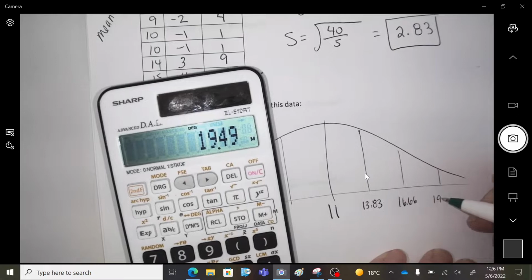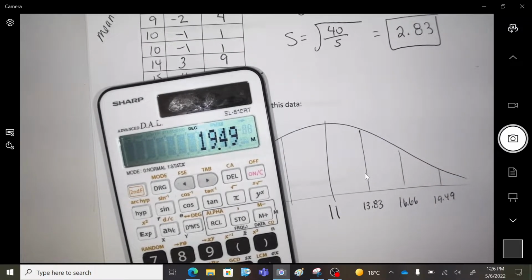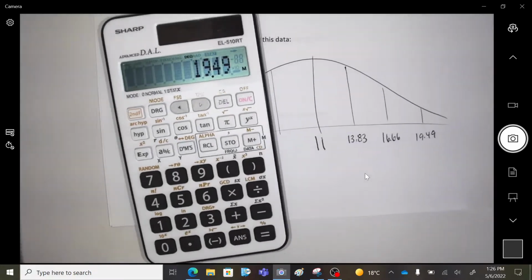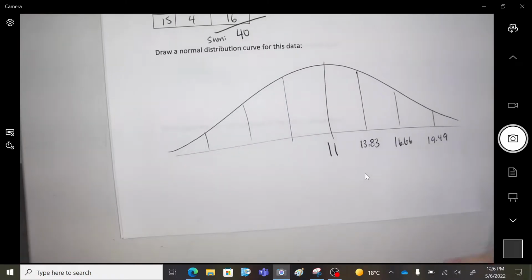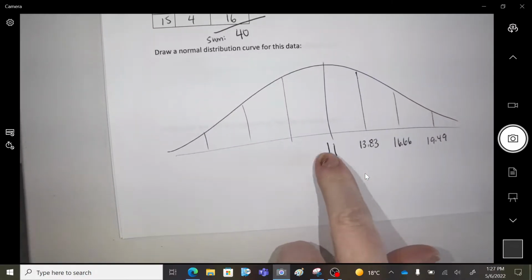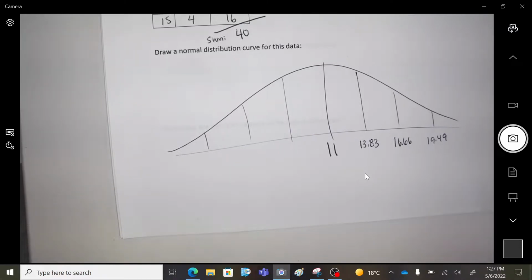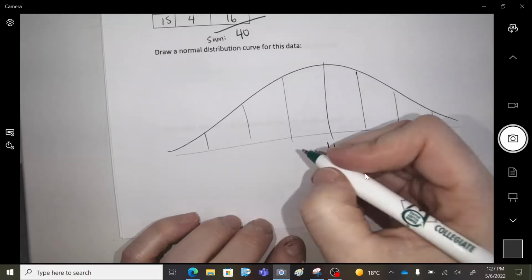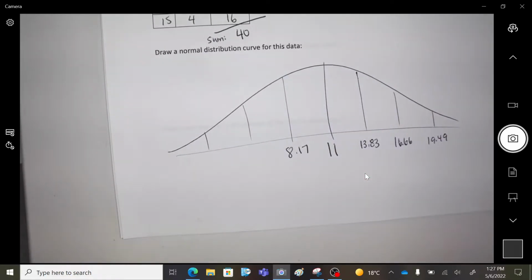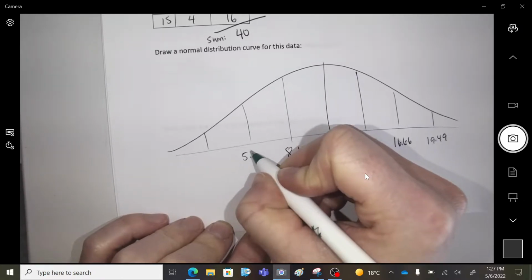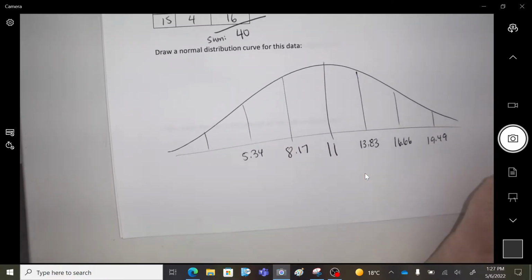If I go up another standard deviation, okay, so then these ones just mean go subtract a standard deviation. I'm supposing you're all just waiting to see if I type it in. So if I go down a standard deviation, minus 2.83 again, minus 2.83 again, and that's my curve.